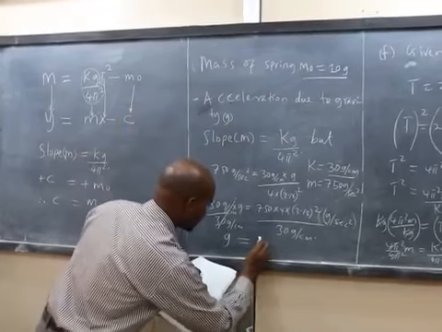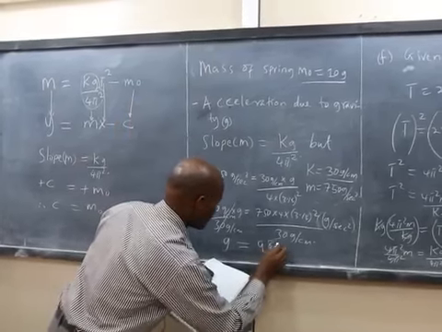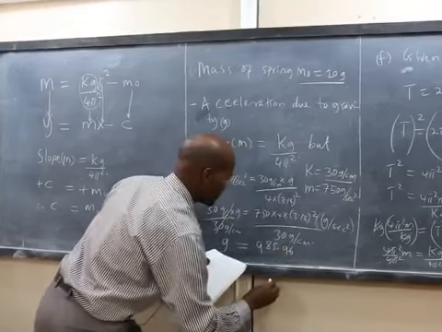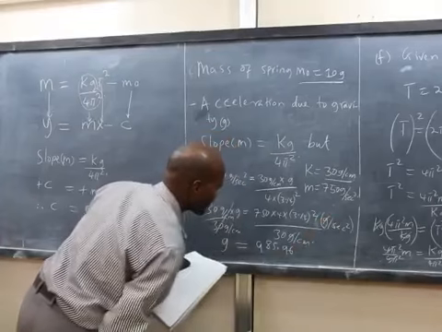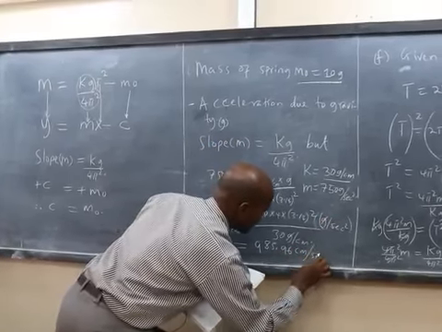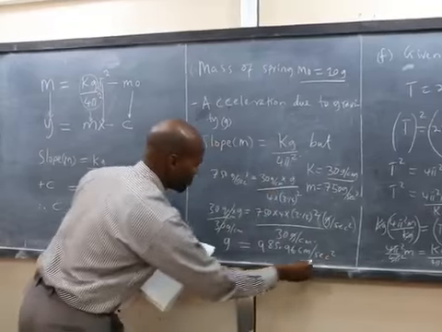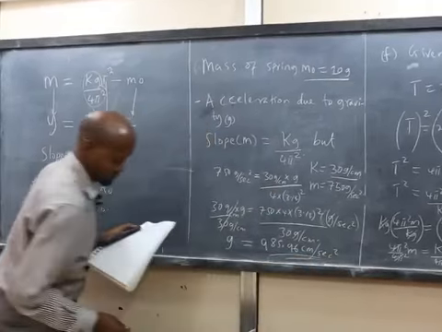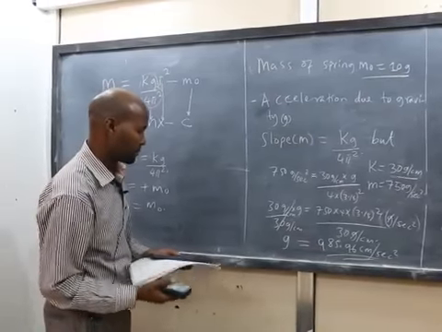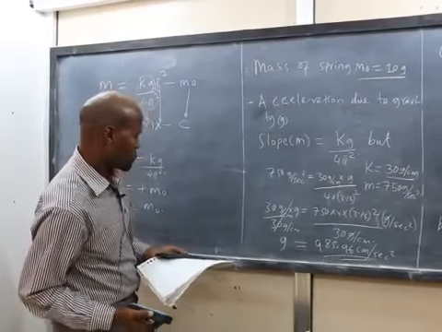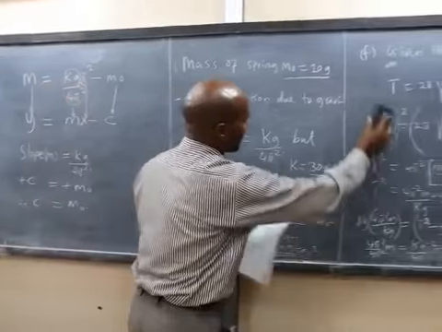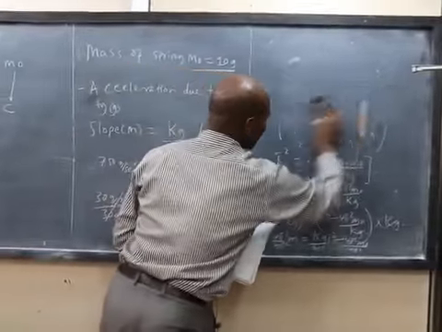The value is 985.96. This one cancels with this one, so we remain with centimeter per second squared. You can convert this into meter per second squared. How do you do that? Let us convert this into meter per second squared.